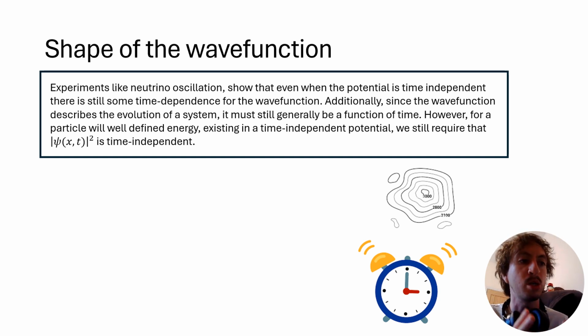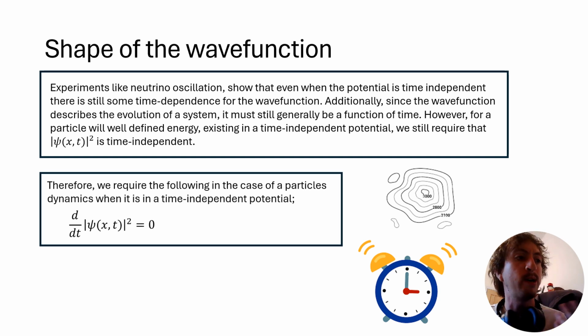And motion is to do with the probability density of a particle being at a point in space varying from one time to another, such that as time passes, probability density moves from one region in space to another. So if we think about it like that, we can say the time derivative of the probability density should be 0, so the probability density shouldn't change with time if we have a time-independent potential, so we don't have anything like classical motion.